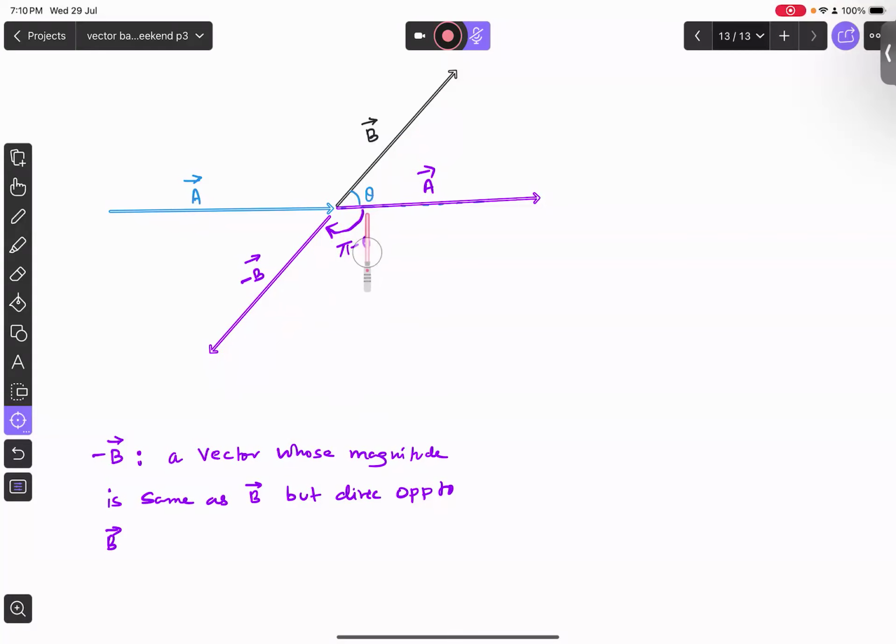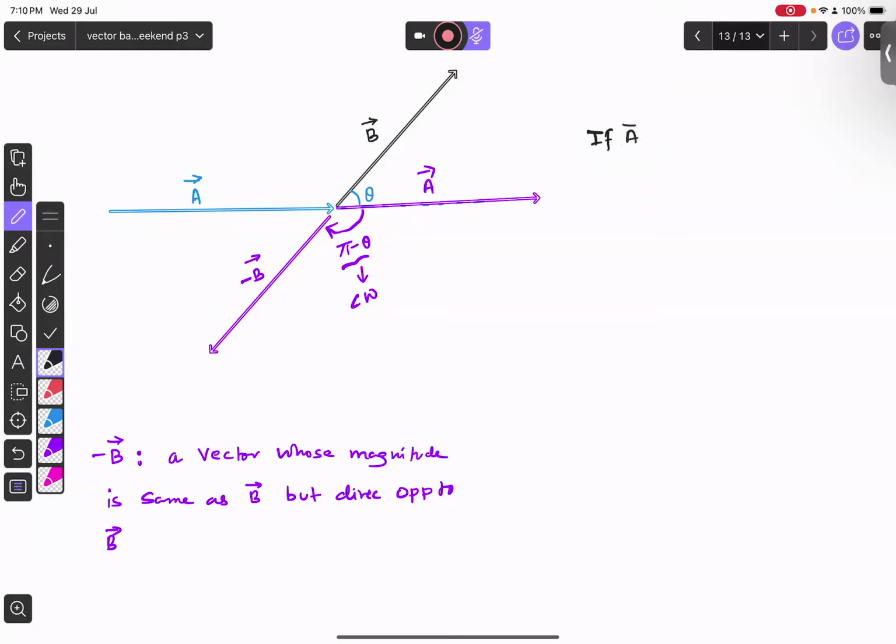This one will be pi minus theta. But pi minus theta in which manner? Not anti-clockwise. It's in clockwise manner, no? In the given figure, the angle between A and B is theta, which is anti-clockwise.